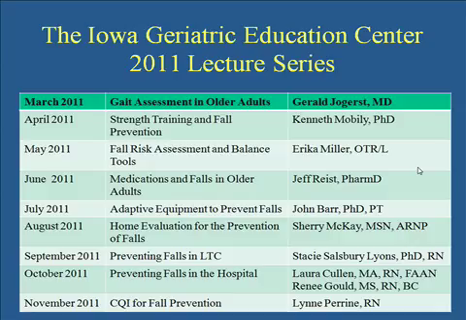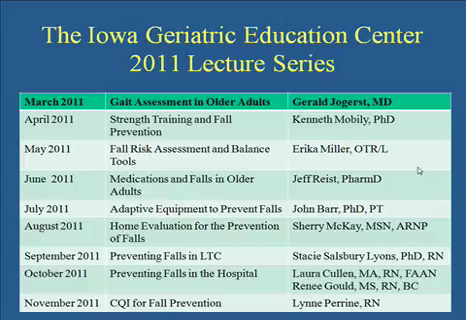Here's a slide just showing you what's up. So you can see from my overview, I've touched on many of these topics. Next month, Dr. Jogerst will be talking to you about gait assessment. Ken Mobley in April will be here to talk about fall prevention and exercises.